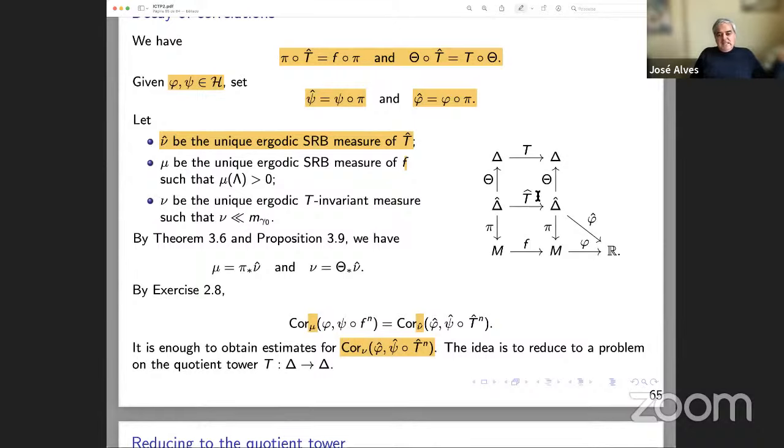This is to say that T hat is an extension of T, with the measure nu hat an extension of nu. So this goes in the wrong direction. Nevertheless, we can manage to bring the information from T to T hat. This is the idea of what comes next. It's not trivial, but still doable. So my next goal is to give you an idea of the proof of this.